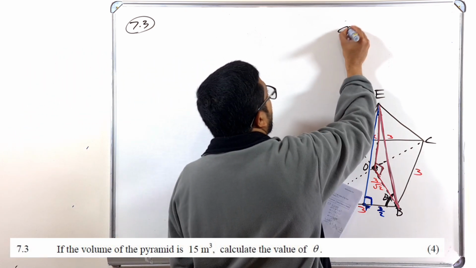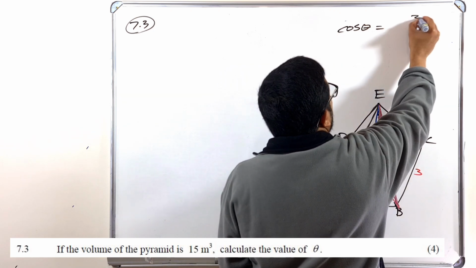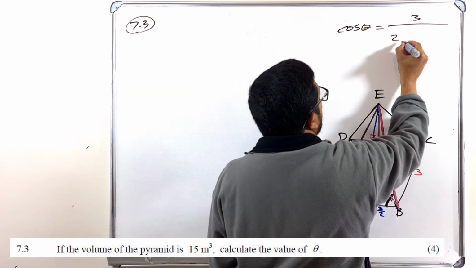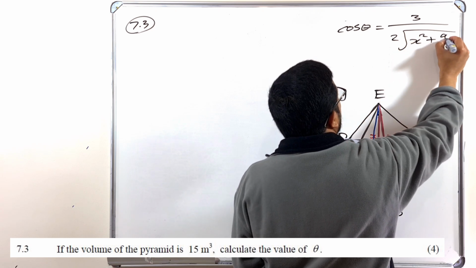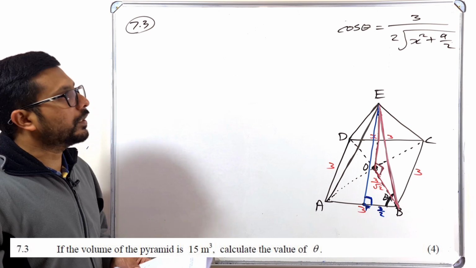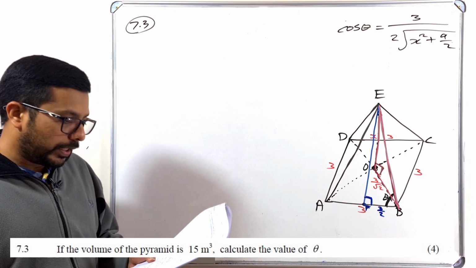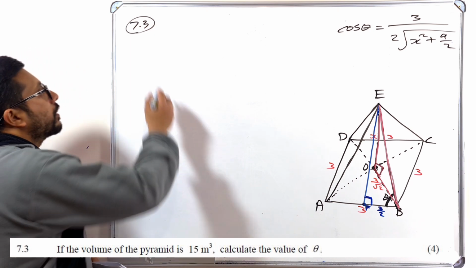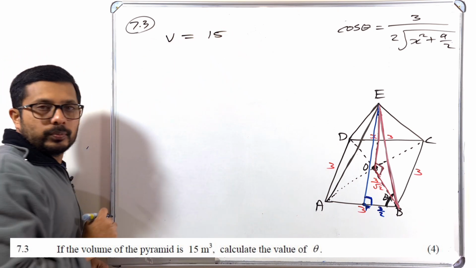We already proved that cos theta is equal to 3 divided by 2 into root of x square plus 9 over 2. Previous question we already proved that. Now it is given in this question that the volume of the pyramid is 15 meters cube.